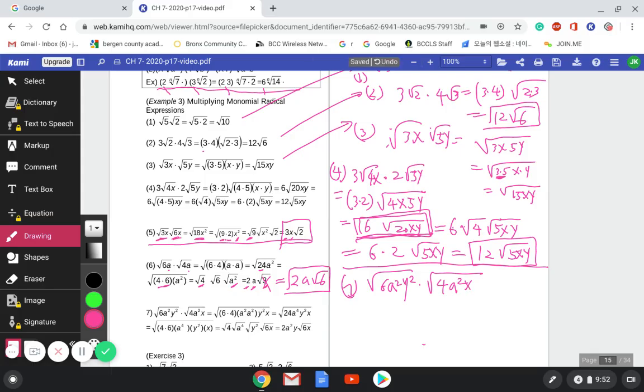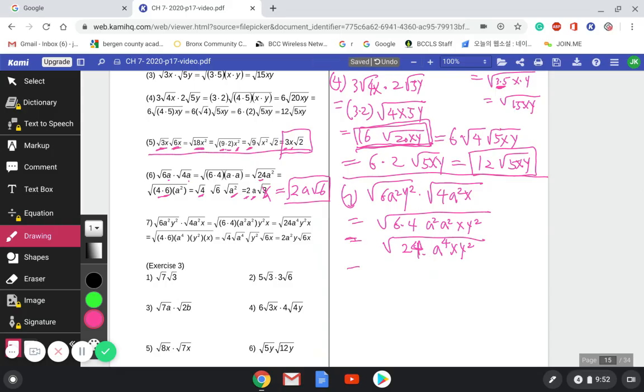Now, there are many ways of doing this, but one of the way is combine everything in one same roof, 6 and 4, a squared, xy squared. And it end up with 24 a fourth xy squared.